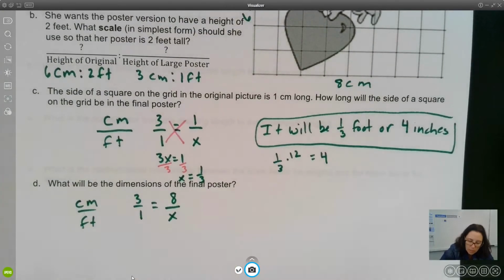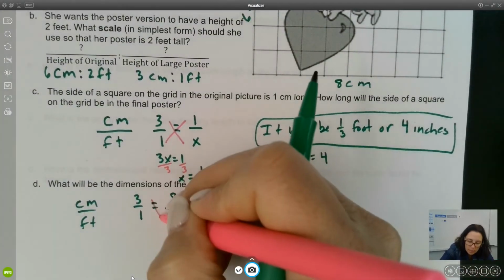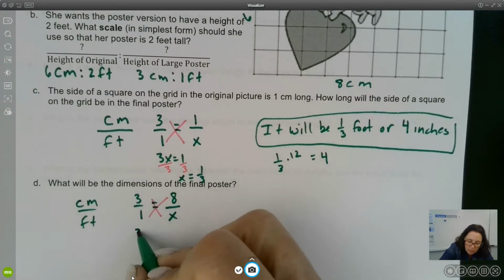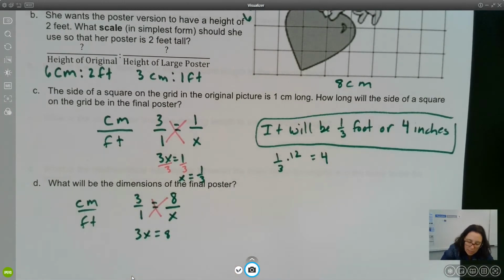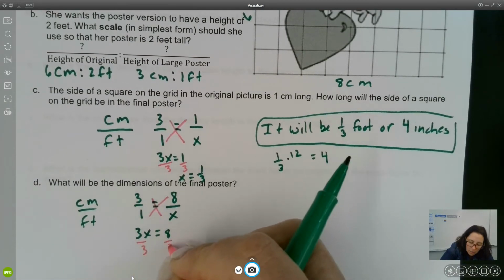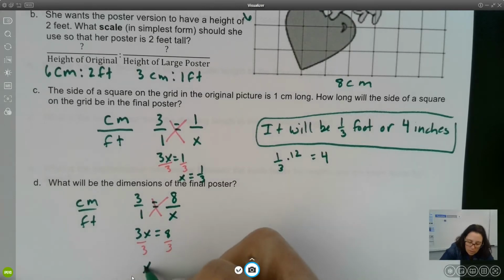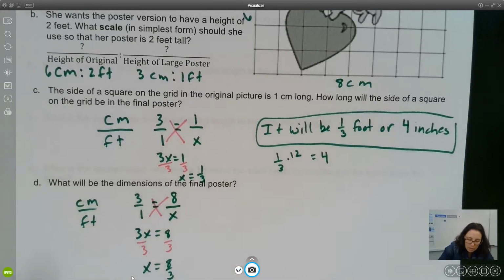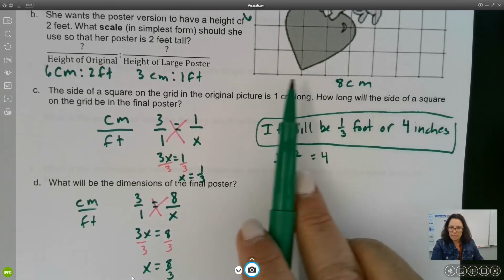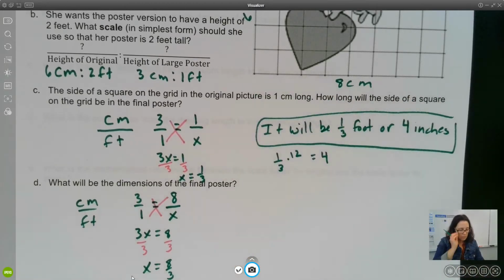So this would be 3x equal 8. Divide by 3. 8/3. Okay, so 8/3 is the length here that it would need to be.